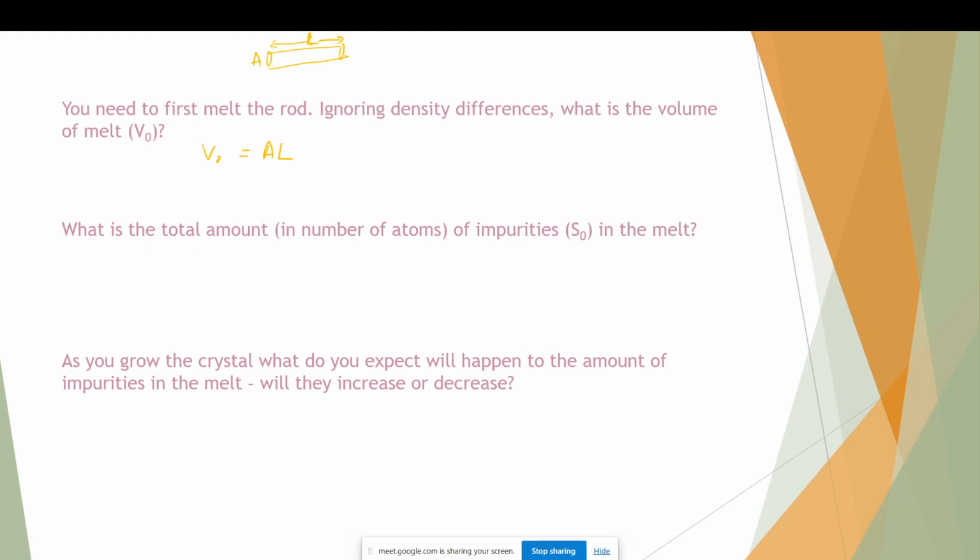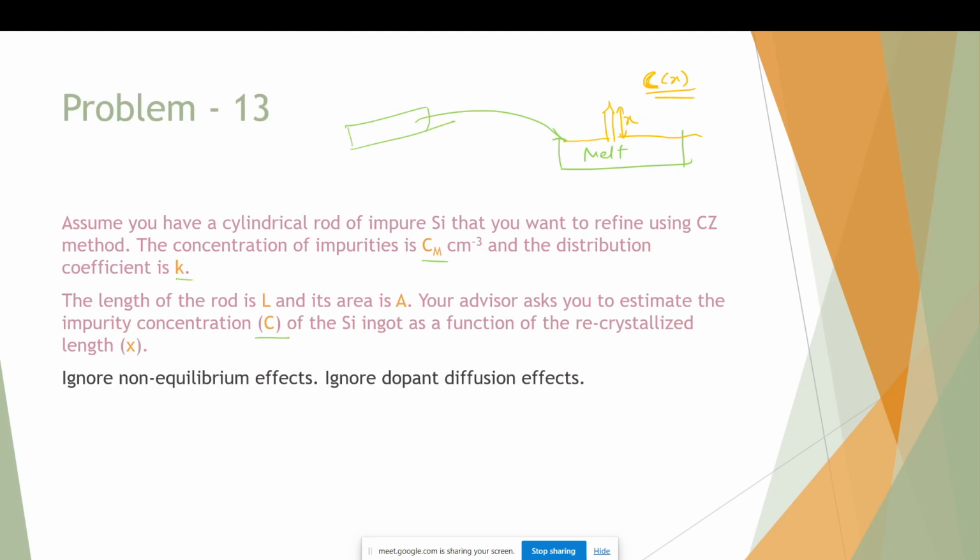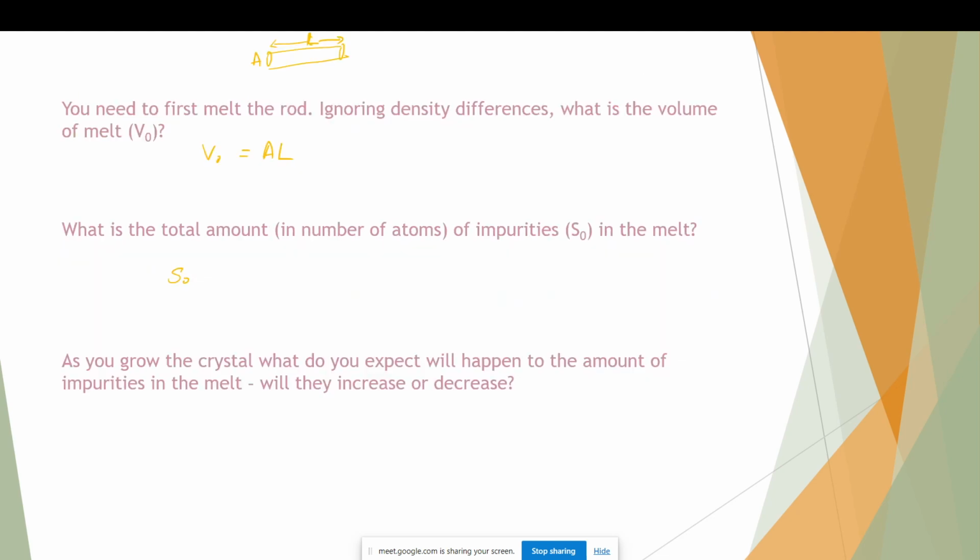This is done. What is the total number of atoms of impurities in the melt? We have to find S naught, the number of impurities. They have given us the concentration of impurities, Cm.